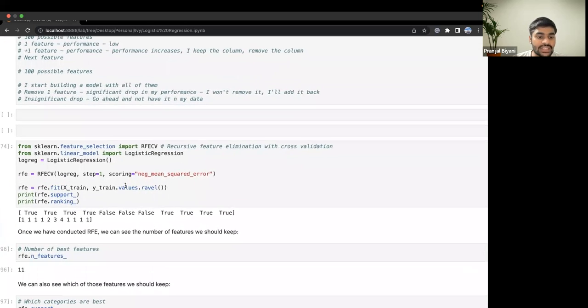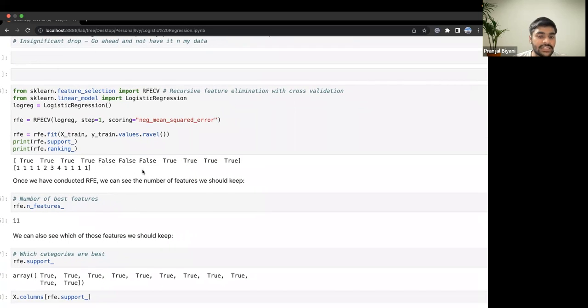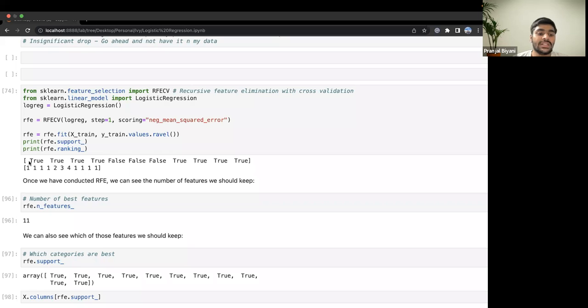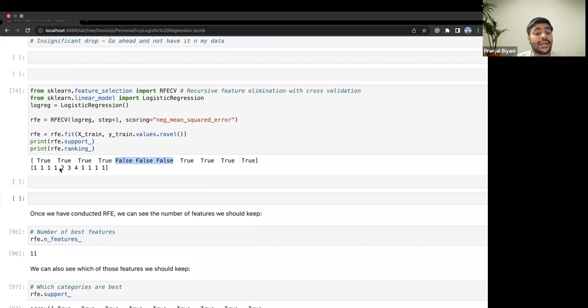Okay. So recursive feature elimination obviously takes some time, but after it runs, it is going to tell you the features that are important with a true and the features that are not important with a false. And when it gives you a false, it gives you a ranking of falsehood also.